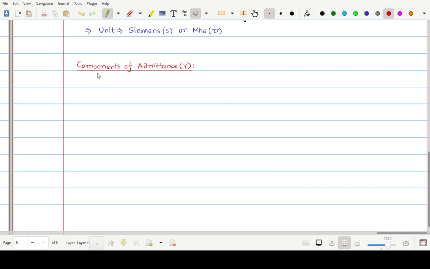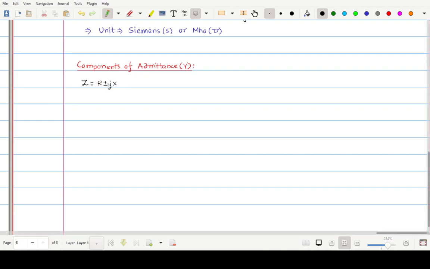Okay, now we will write the components of admittance. In the above topics we have already seen that admittance is made up of two parameters, conductance and susceptance. So now we will write the mathematical formulas for them. Impedance in rectangular form can be given as resistance plus minus reactance.